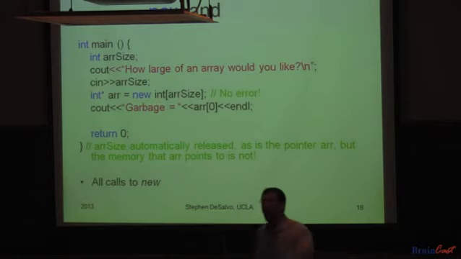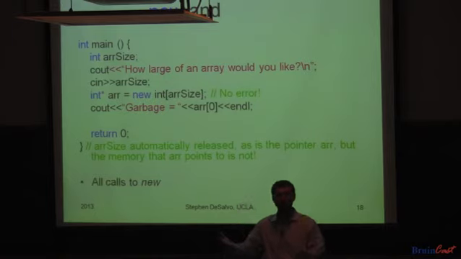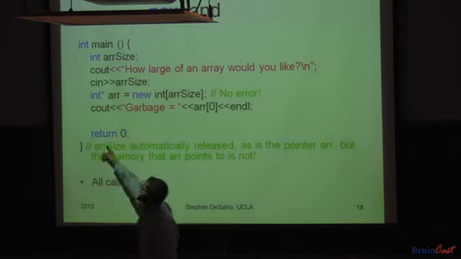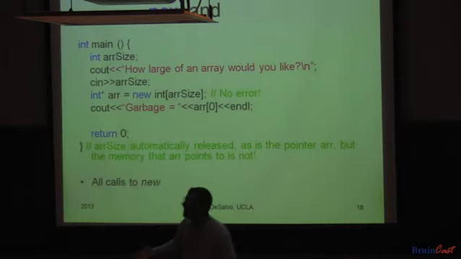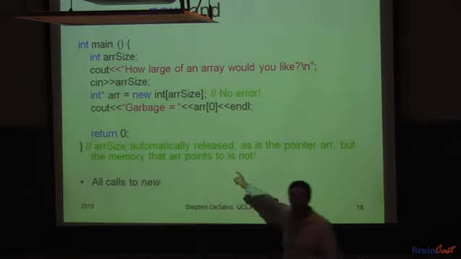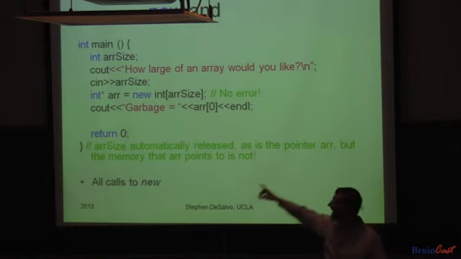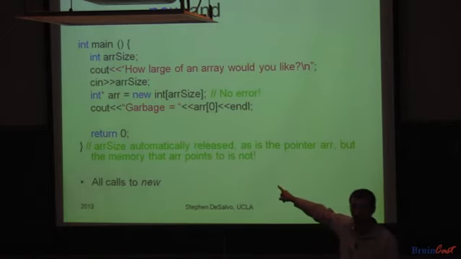But the point is I have a new without a delete. Okay? I am manually allocating memory on the heap, and so at some point I have to manually delete it. Now, I can't do it after main ends, right? After main ends, the only way to access that set of values is through that ARR pointer. Okay?